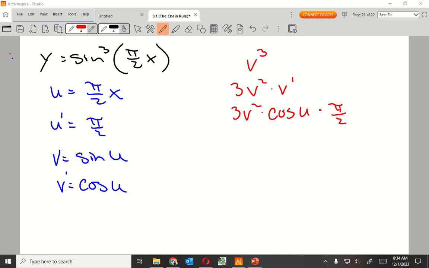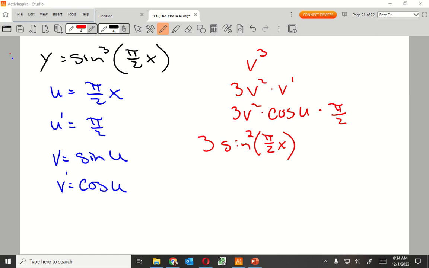So let's see. So as I put this back, this is going to be 3. My V is going to be sine U, right? Sine of U, yes. And so it's sine of U, but my U is pi over 2x. Okay, and that's sine squared, right? Because that's V squared.